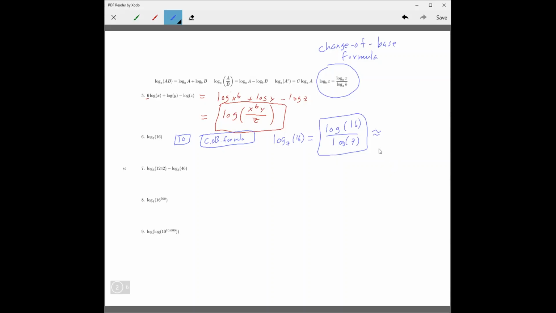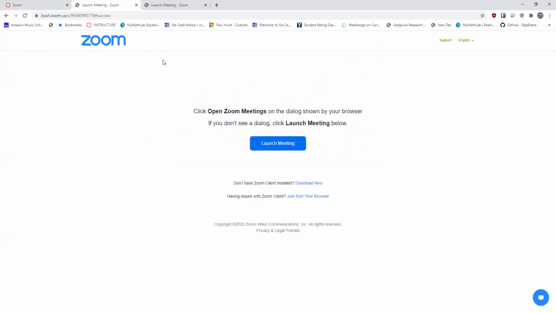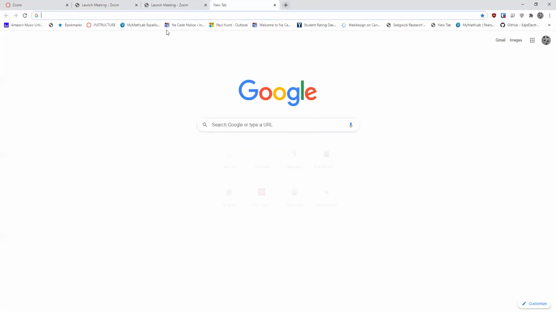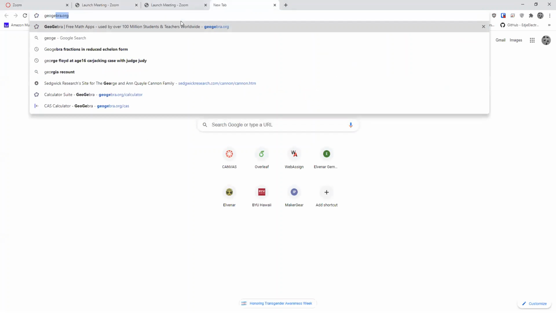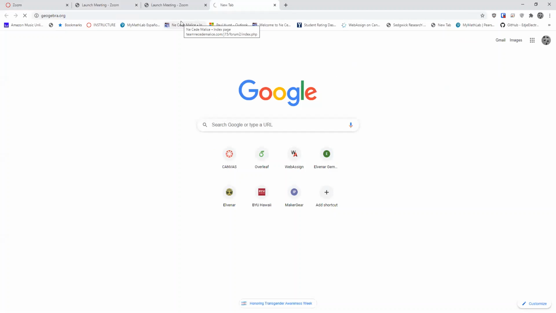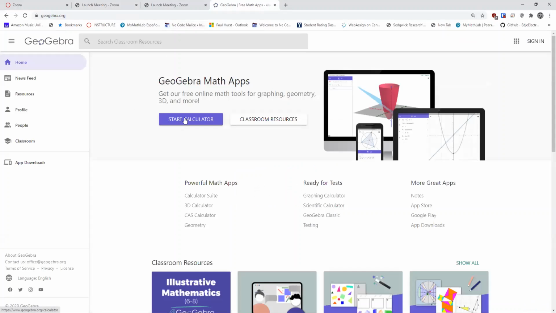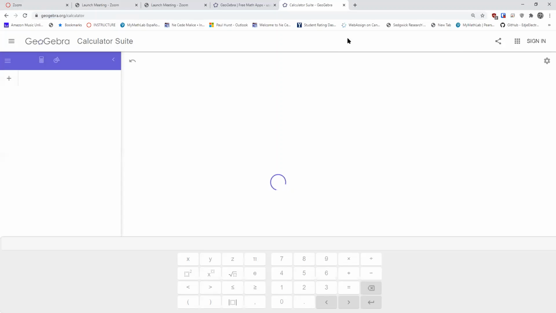Okay, so I'm going to show you how to do this in GeoGebra. So let's go to GeoGebra. We just go to the calculator in GeoGebra.